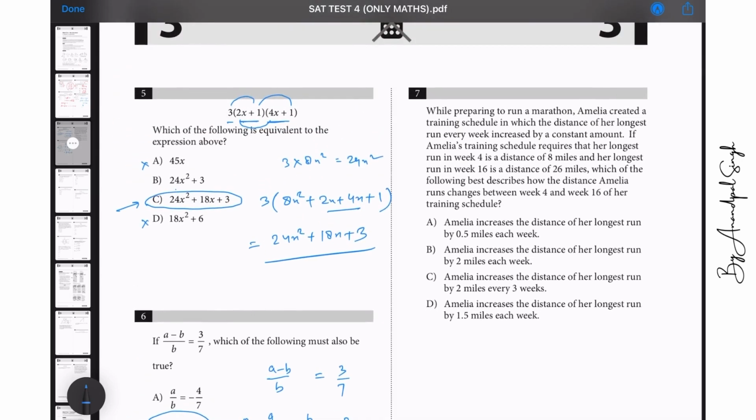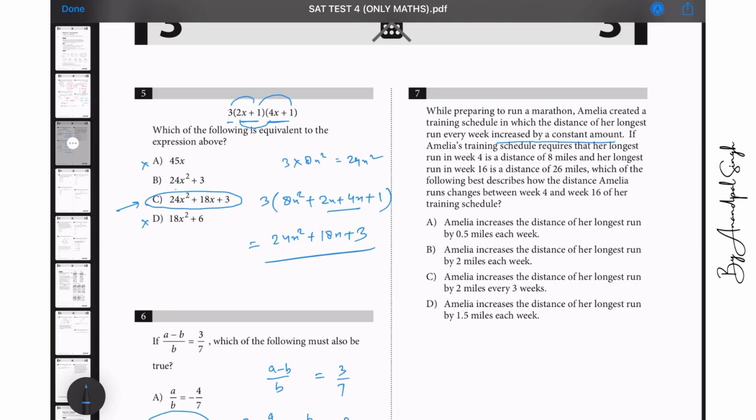Question number 7. While preparing to run a marathon, Amelia created a training schedule in which the distance of her longest run every week increased by a constant amount. So this is some sort of arithmetic series, that is when we increase by equal amounts.